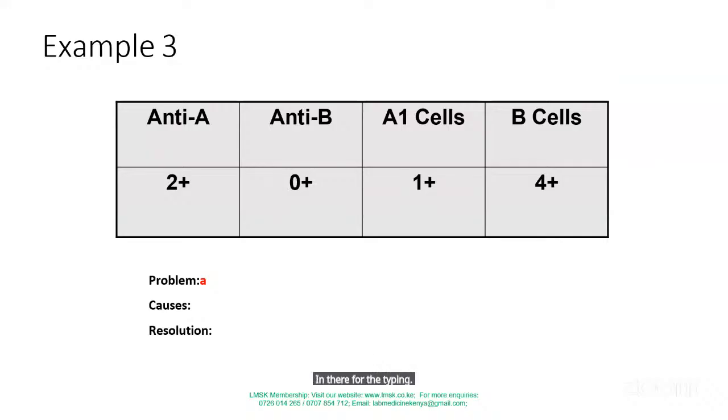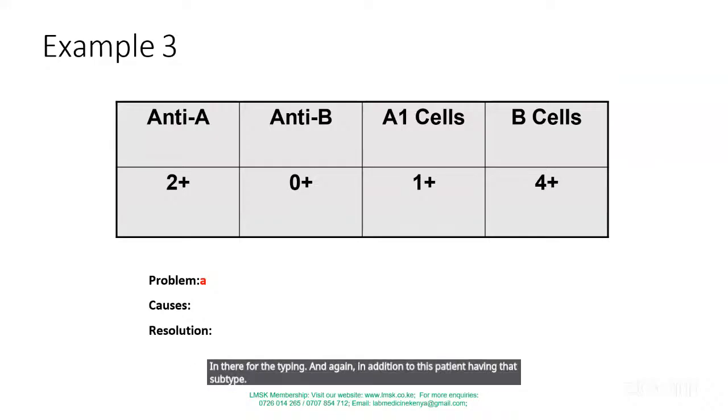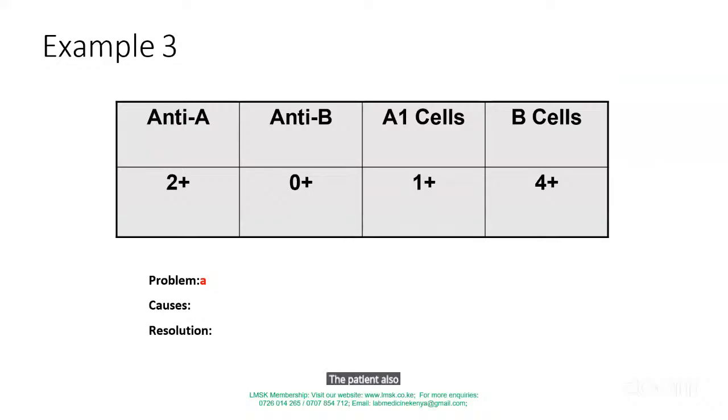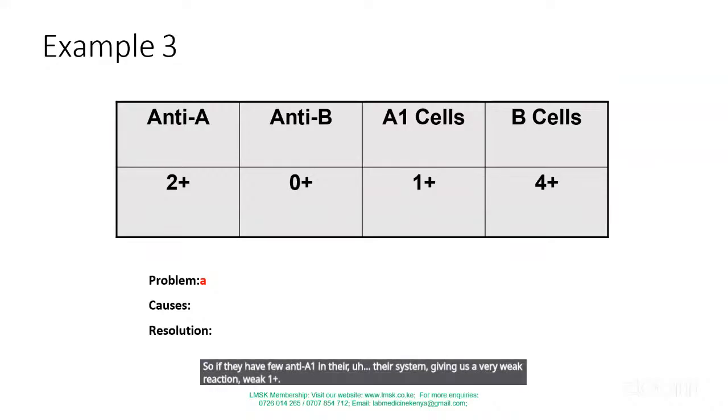And again, in addition to this patient having that subtype, the patient also is sensitized. They have got few anti-A1. Now we have to be very specific. Few anti-A1 in their system, giving us a very weak reaction, weak 1 plus, with A1 cells in the reverse.